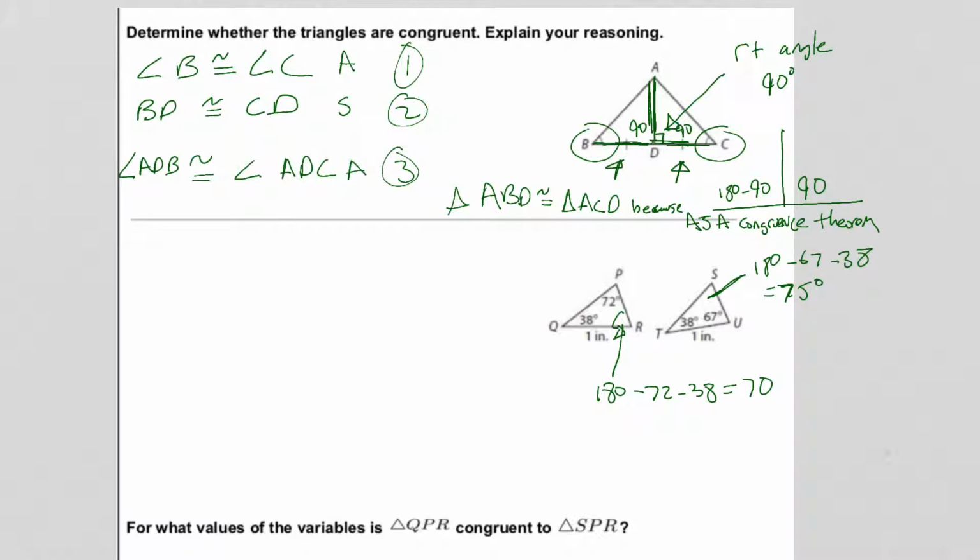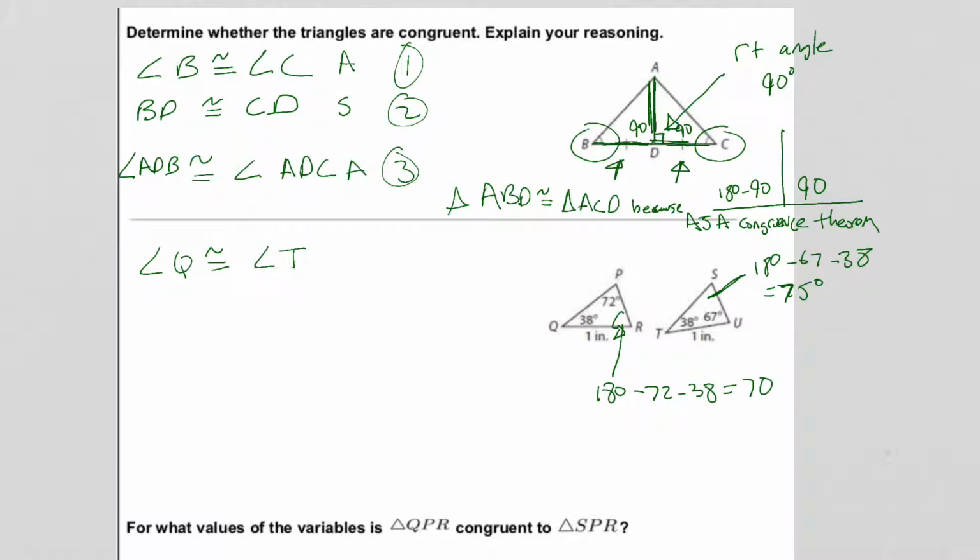So it should become sort of obvious at this moment. We do not have the conditions to make congruent triangles. We know that angle Q is congruent to angle T. And beyond that, everything else is different, right?